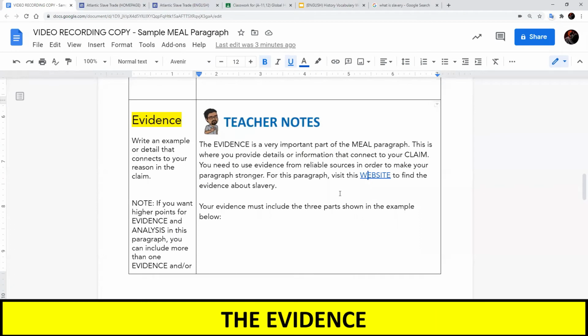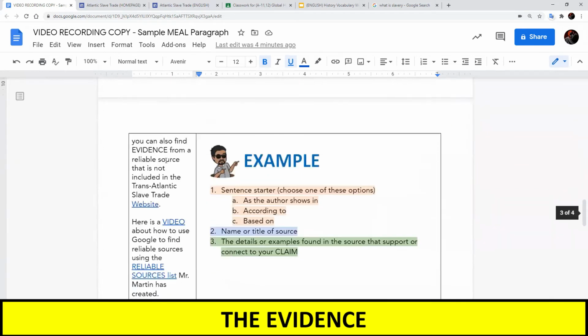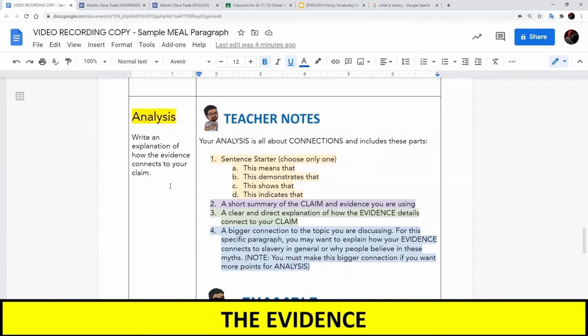Now, before we go on, I will say this: in this meal paragraph, you're expected to use just one evidence, right? Since it is the first meal paragraph, it's a way to make it easier for you to complete the paragraph. So you have one evidence and one analysis, right?